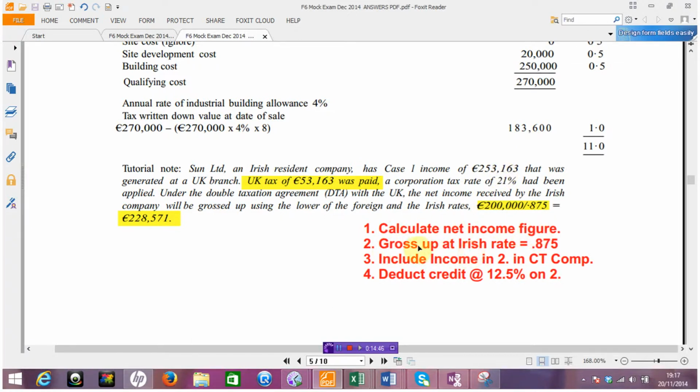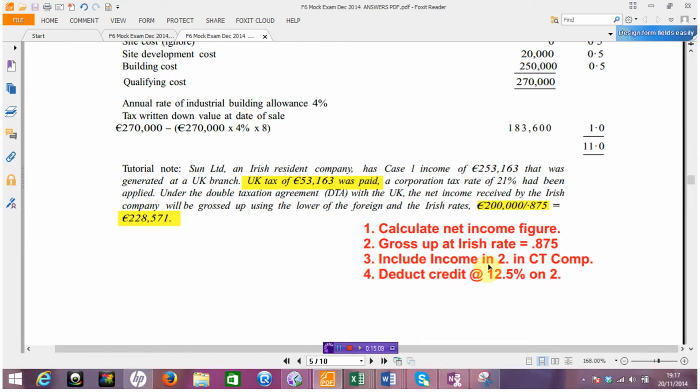The next thing we do is to gross up with the Irish rate, and that's what they do here. So the 200 times 100 divided by 87.5 gives us that 228,571, which we're adding back above, and therefore, in effect, including that within our trading profits, because it is trading income. It just happens to be from a foreign branch.